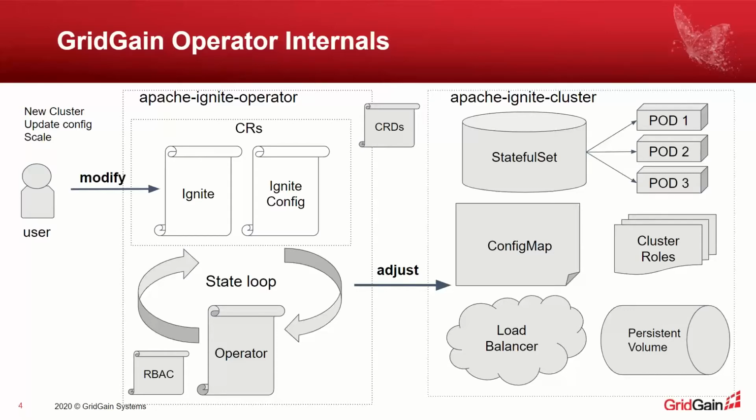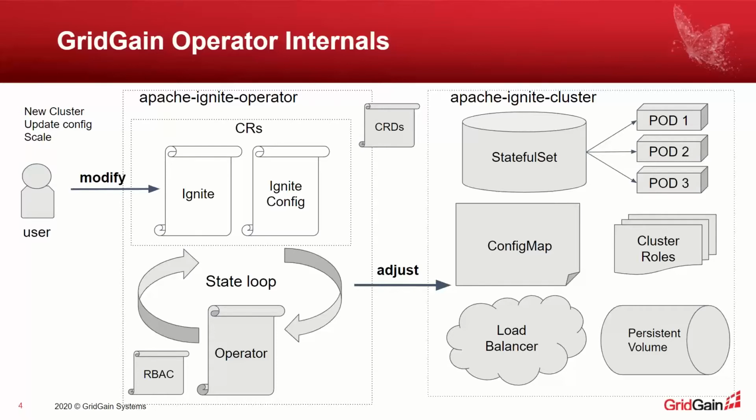There are two CRs actually, Ignite and Ignite config, and there is an operator deployment that's tracking changes in the Ignite or Ignite config CRs and applies the required routines in order to adjust the current state of your cluster.